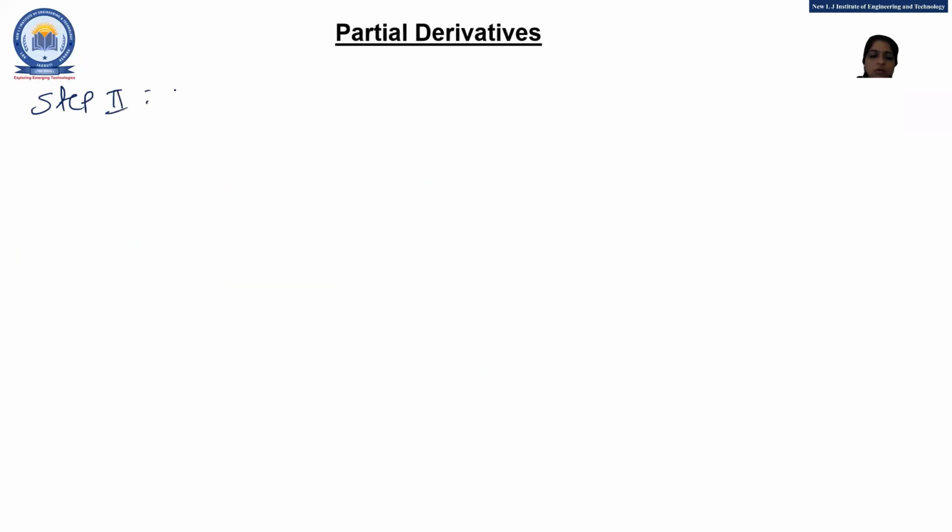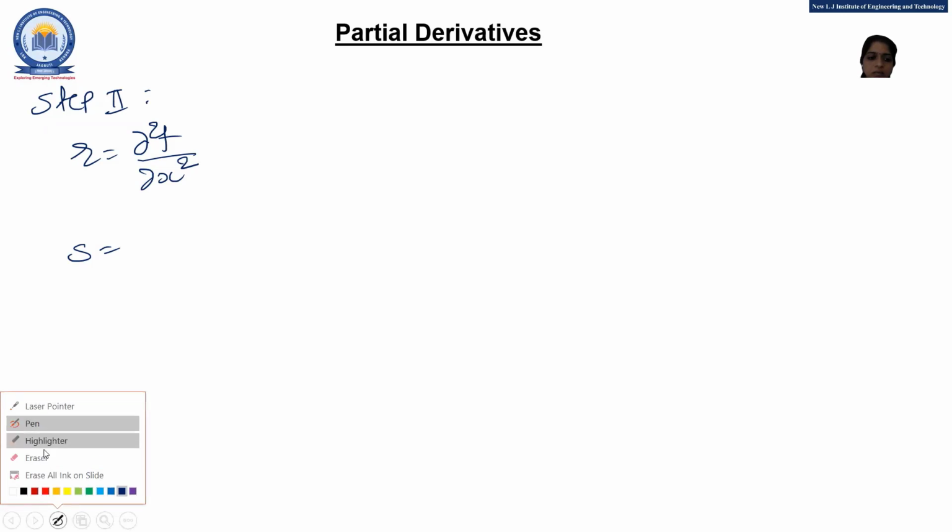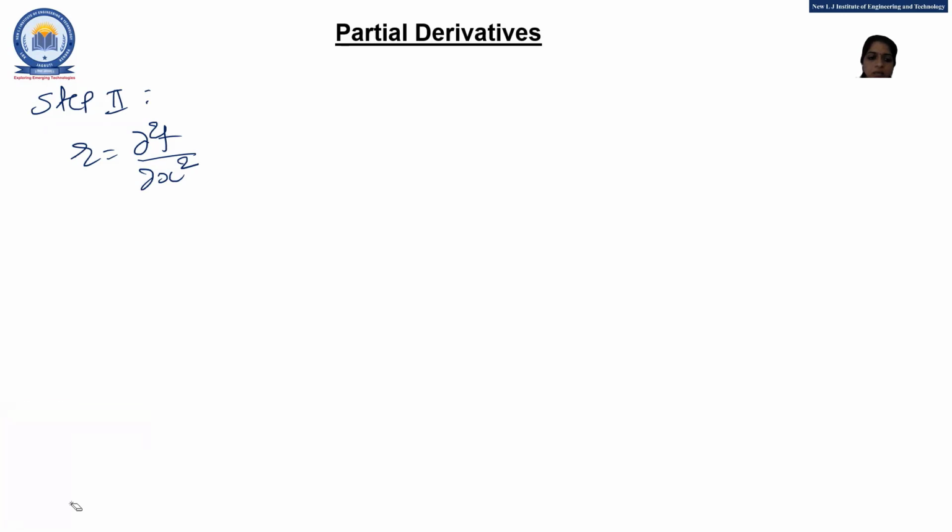Step 2. For step 2, we have to find R, that is del square f by del x square, S, that is del square f by del x del y, and T is del square f by del y square.